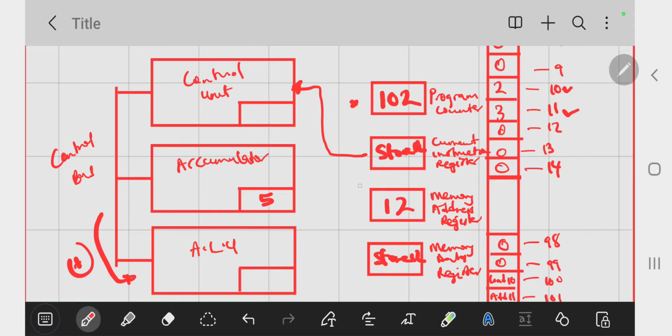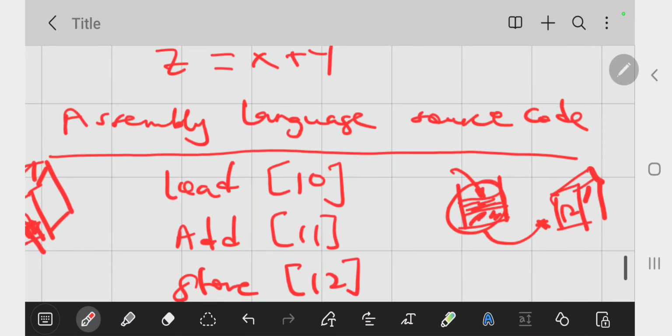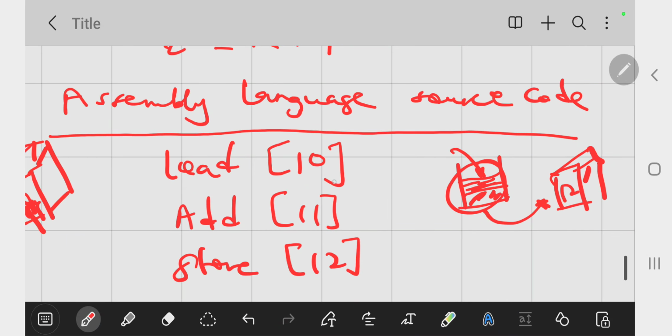It goes to the memory data register, and then you'll find that the result in the accumulator is stored in the memory location 12. So what's the result? 5. So in here you're going to have a 5. That way the instructions which we initially had, which were load 10, add 11 and store 12, have been completed.